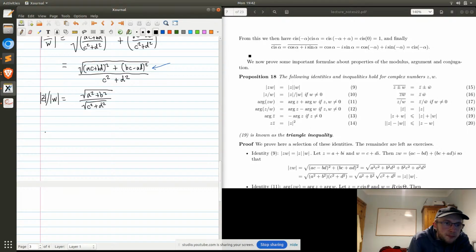So we get a squared c plus 2a minus 2a squared b squared plus a squared d squared, like that, and then these cancel out like before, don't they?